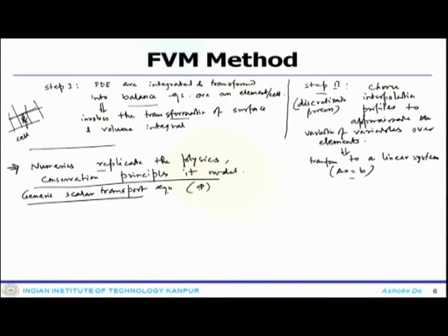If you write that in the conservative form, it would be the term ∂/∂t of rho phi plus del dot rho v phi equals del dot gamma del phi plus some source term, let us say q. So, this is in a conservative form.